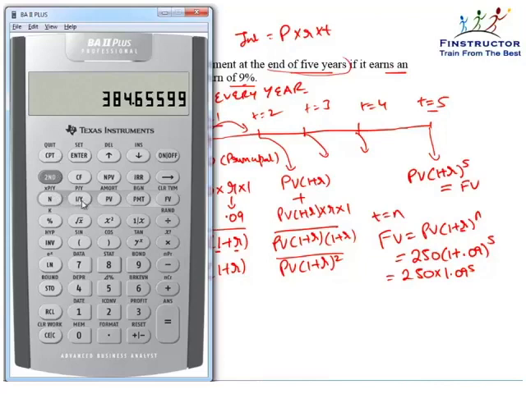So please note it has 5 variables: N, I by Y, PV, PMT, FV. This is called the TVM sheet and we'll understand how to use this next. By far the most important sheet and the most important buttons of the calculator that you need to learn.